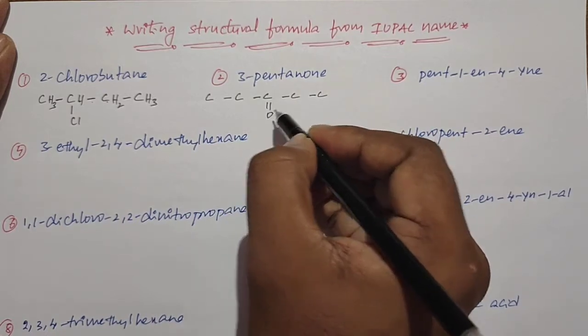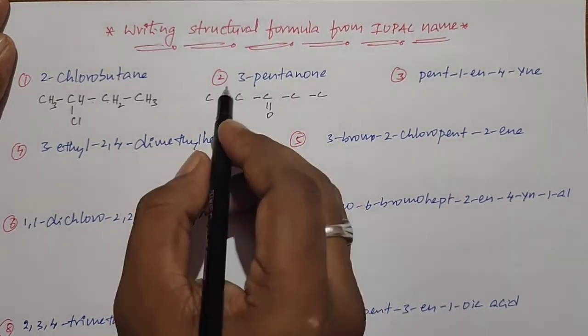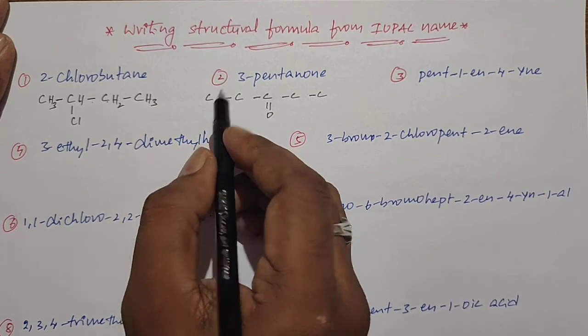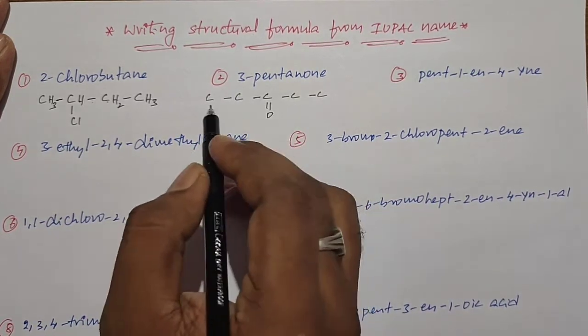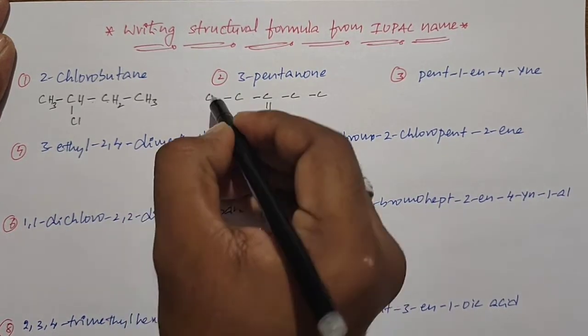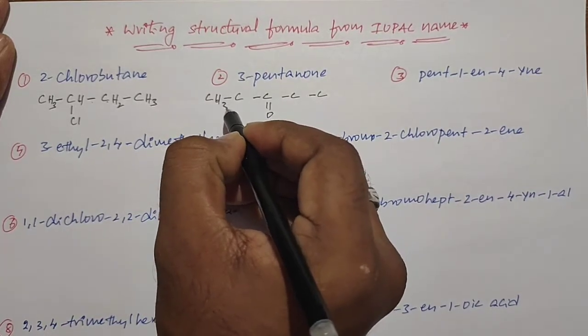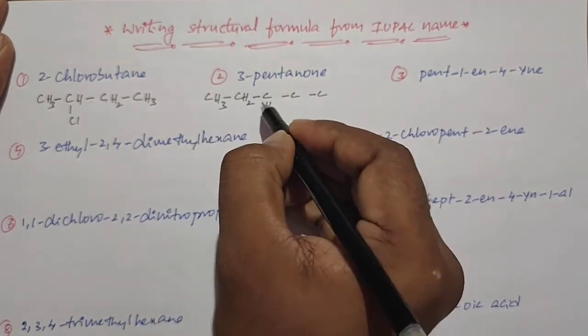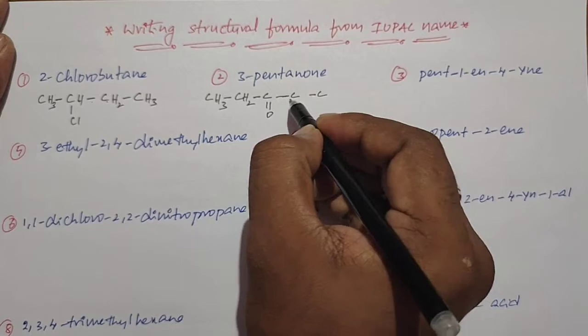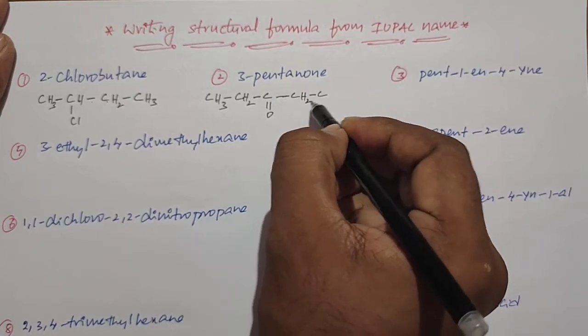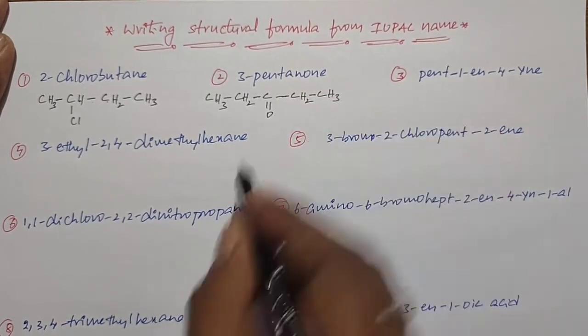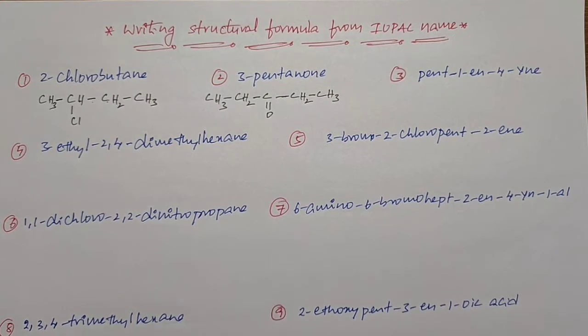So at the third carbon we take C double bond O. Here we don't have any primary prefix or secondary prefix, so all are kept. Now we fill the remaining valency with hydrogen. Here 1 is filled, so 3 hydrogens, then 2 hydrogens. Here 4 are filled. Here 2 valencies are filled, remaining 2 hydrogens. Here remaining 3 hydrogens. So this is the structural formula for 3-pentanone.